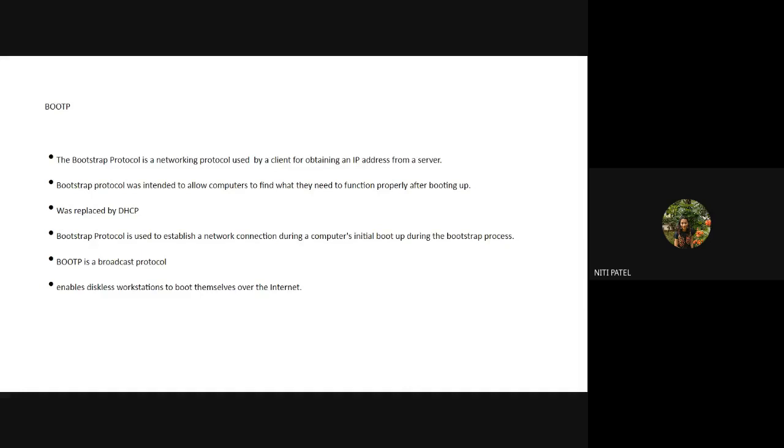Since it is a broadcast, it will go to all the other machines on the network, but it will be accepted only by the machine whose server IP address and MAC address are matched. It is matching with my MAC address and my IP address, so I will give a reply to that client machine.